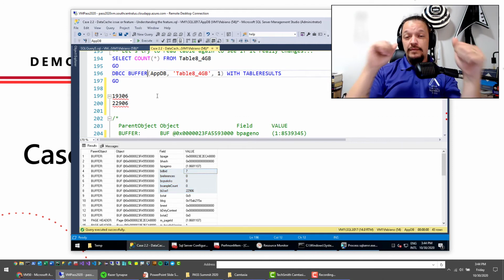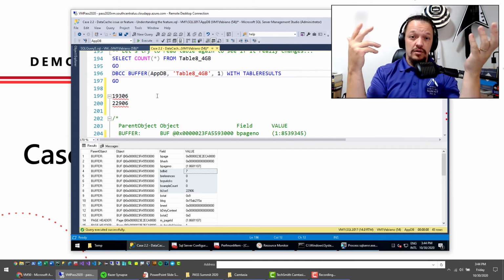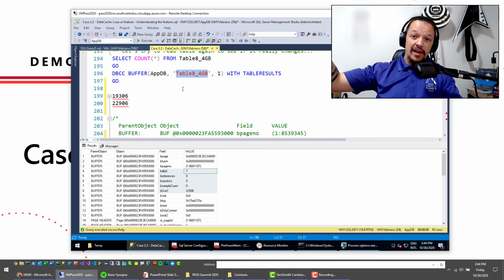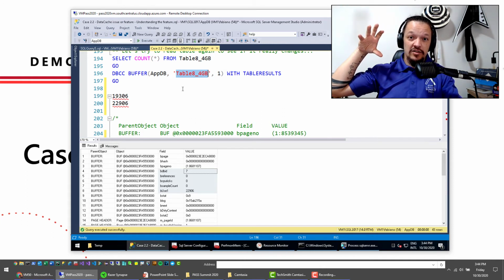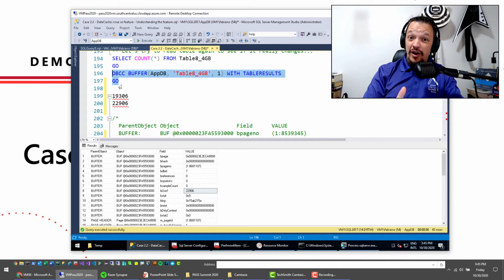So DBCC page and DBCC buffer will also count as a read, right? You're asking to read the page and dump the data, the content. This is a page read, right? It is going to update the BUs1 value. And it is going to show us the value for when I ran this command. But this is also disfavored pages.